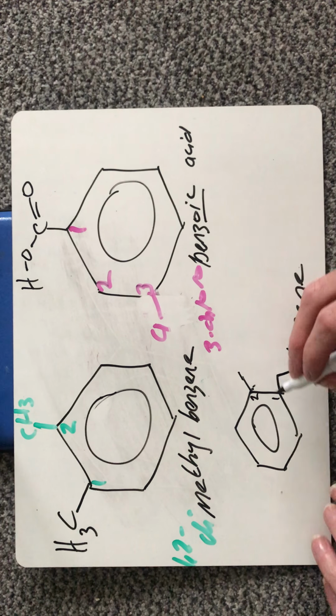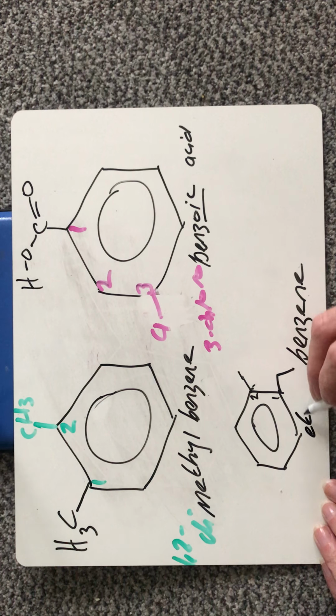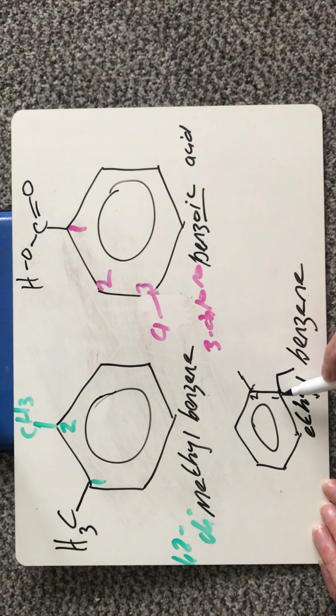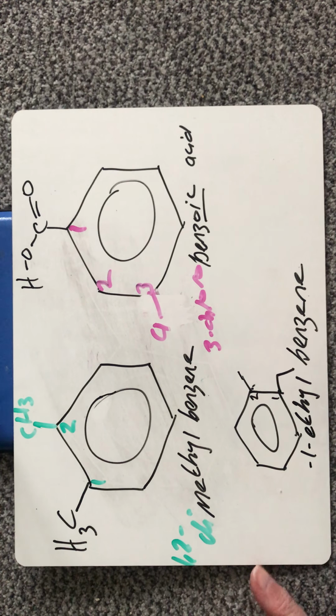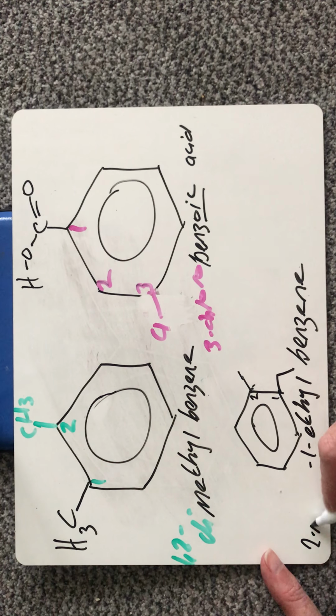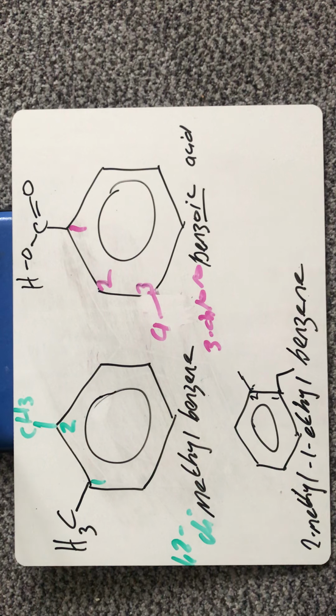So we've got here ethyl benzene. It's a 6-membered ring, so it's benzene. It's got an ethyl group on there, and I'm going to say that's on position 1. And we've got a methyl group on number 2. Now, if you remember, of course, we do things alphabetically, not numerically.